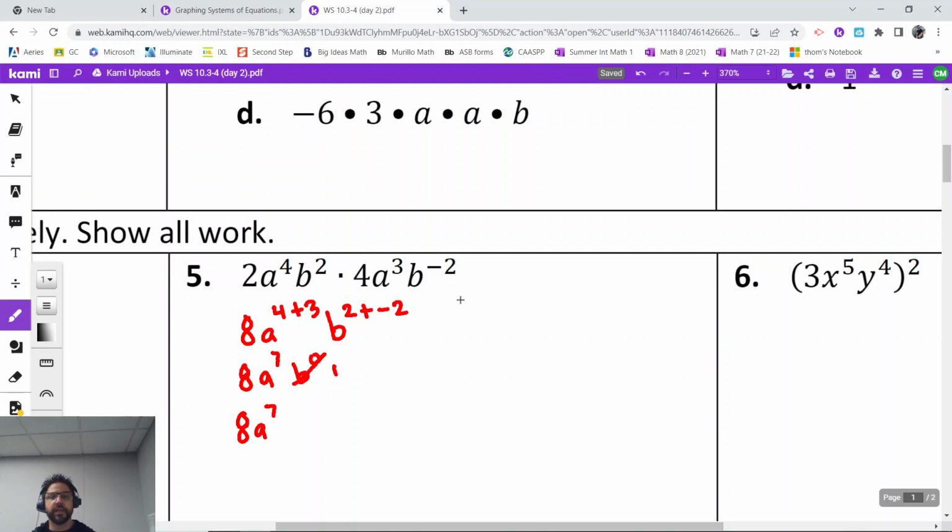Option number 2 is to try and change this second part into a fraction, which is going to look like this. 2a to the 4th power, b to the 2nd power, times a fraction. We've got 4a to the 3rd power, and then the rule is to take your negative exponent from its current location and move it to its new location, and in doing so, it now becomes a positive exponent.